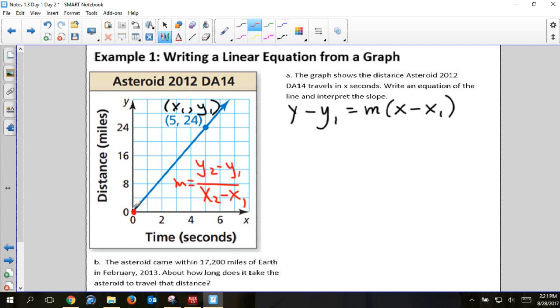Passes right here. See that? So 0, 0 could be our other ordered pair. So we can use both ordered pairs to find the slope. So I'm going to do 24 minus 0 over 5 minus 0. Just 24 over 5. We have our slope.